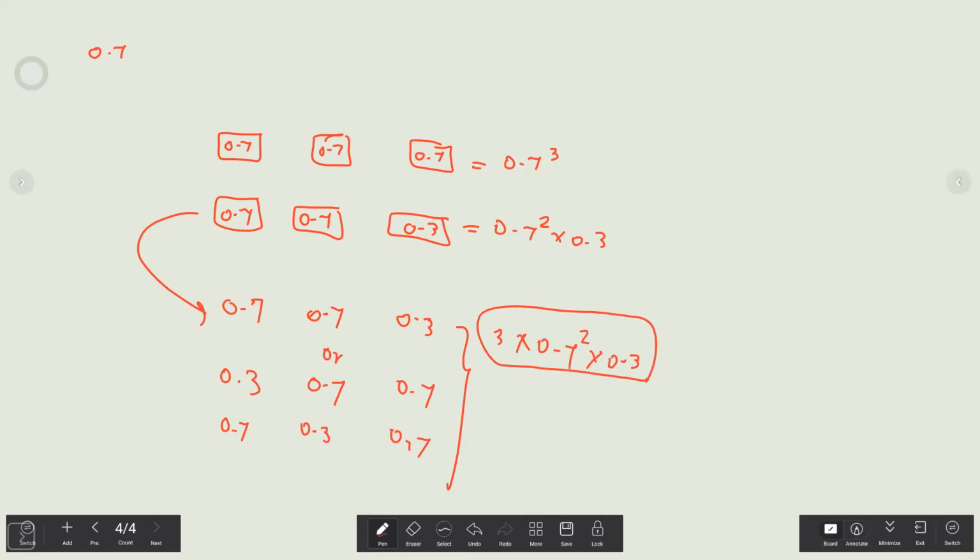This is basically due to the binomial combinations. You're choosing, out of 3 trials, 1 trial to fail: 3 choose 1. Or you're being successful on 2, so 3 choose 2, 3C2. 3C2 means out of 3 trials, you're successful on any 2. It is not important which ones you're successful on, just any 2.